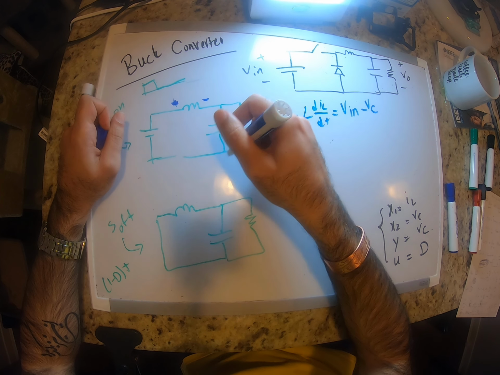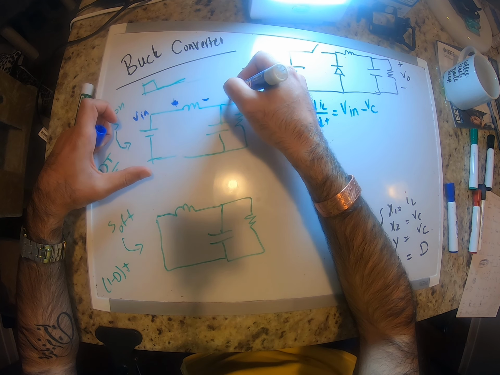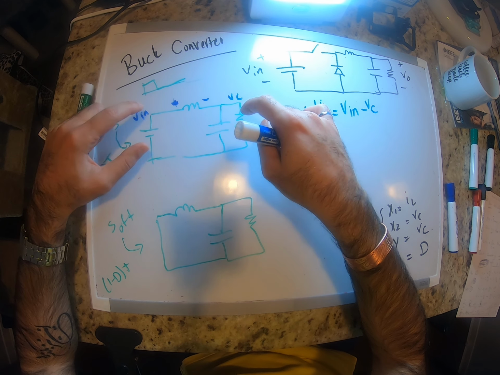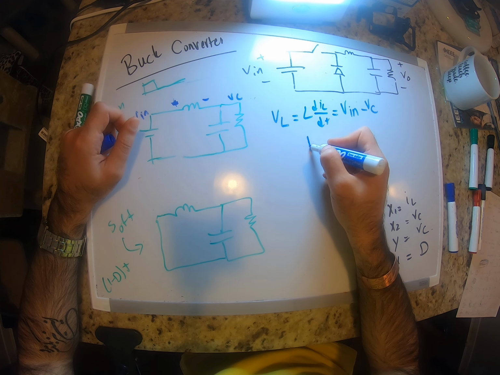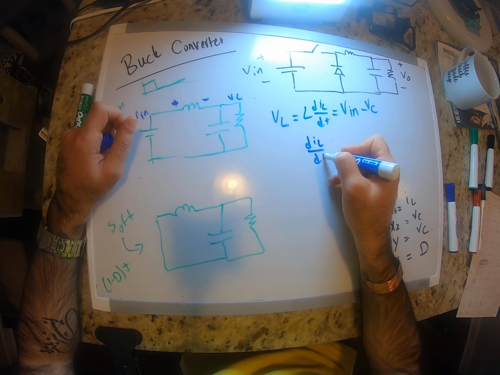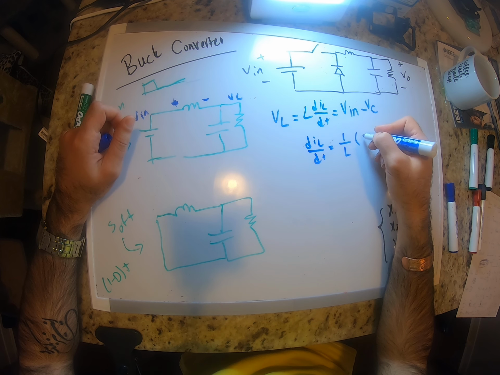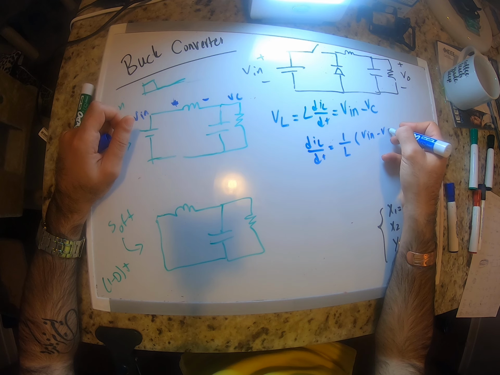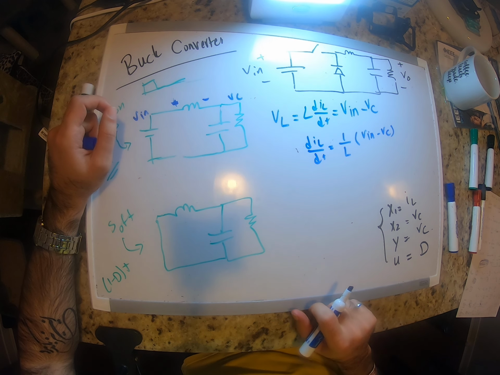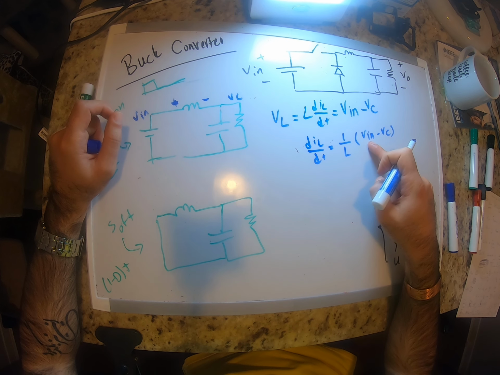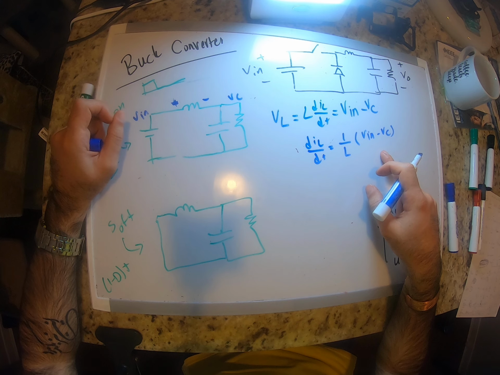This is Vin, this is Vc. So I can write down that dIL over dt is equal to 1 over L times (Vin minus Vc) when we are in this state.